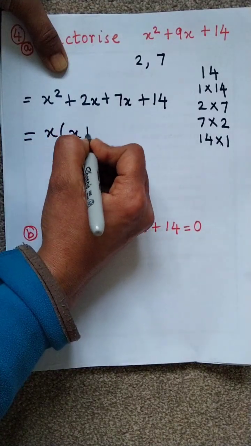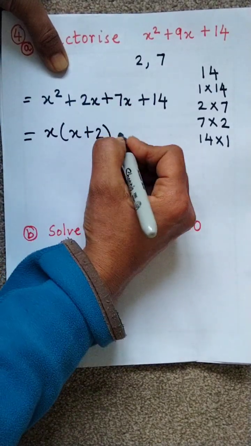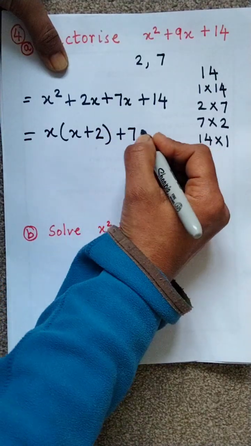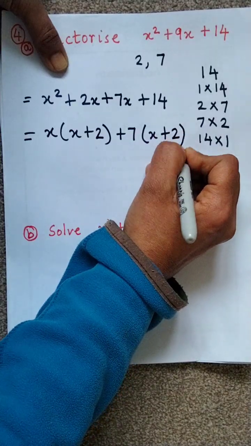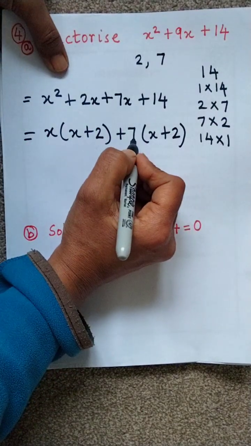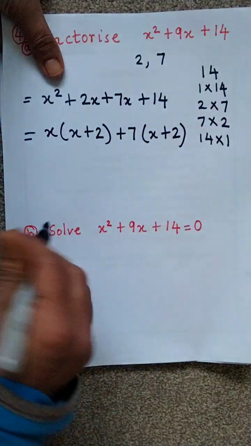What remains? x plus 2. Then plus 7, what remains? x plus 2, because 14 is 7 times 2. So 7 is outside, and x plus 2 remains inside the bracket.